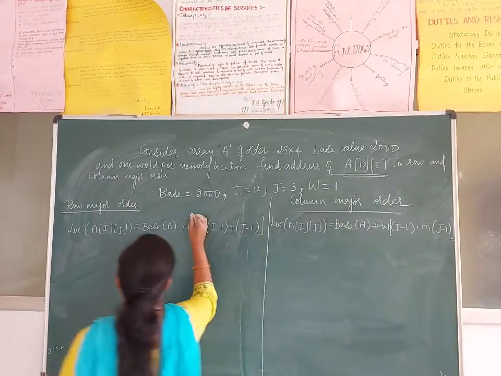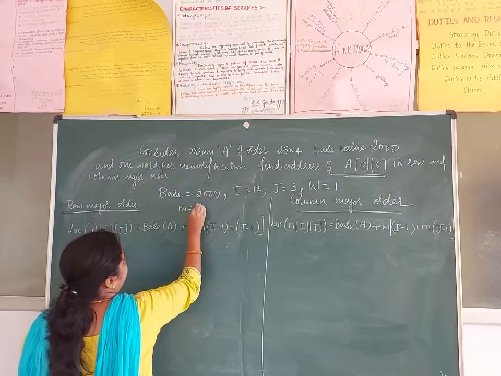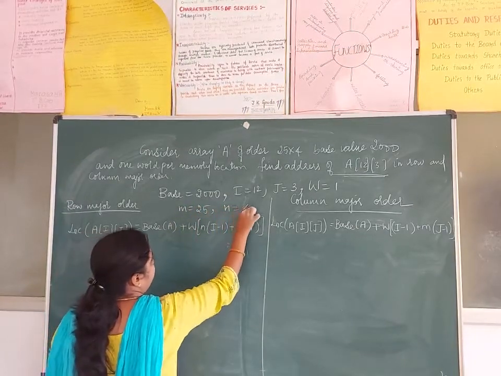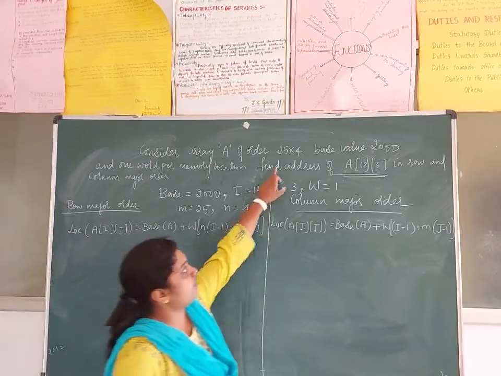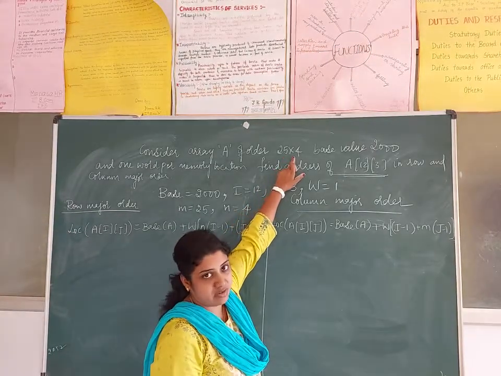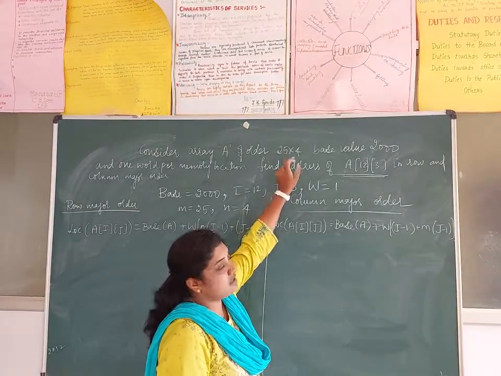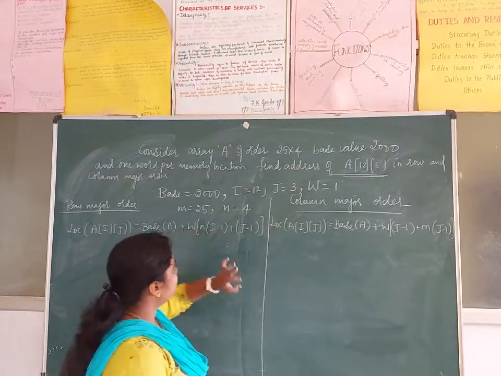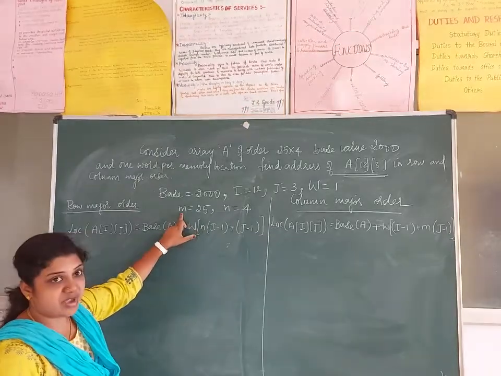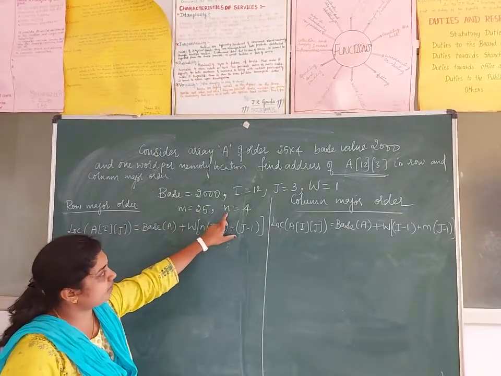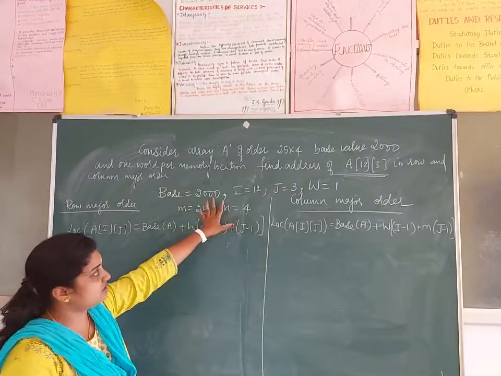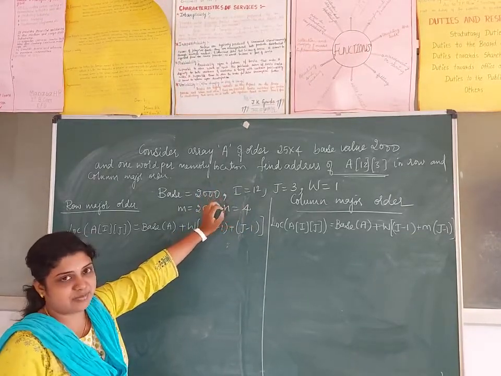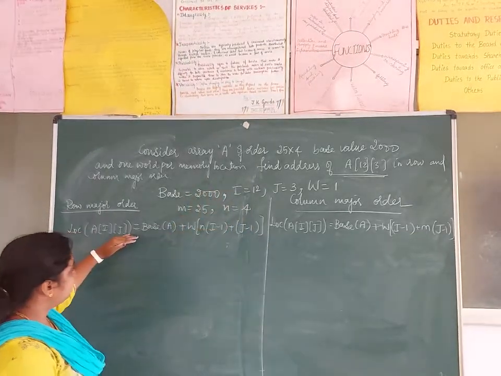My row size is 25, and my column size is 4. So 25 cross 4 they have given in the question. 25 is my row size, 4 is my column size, but here I am taking m as row size and n as column size. These are the inputs derived from the question.